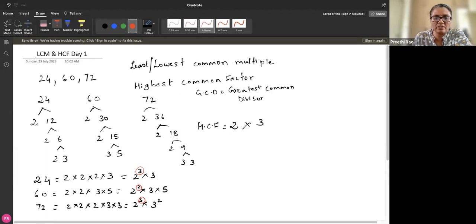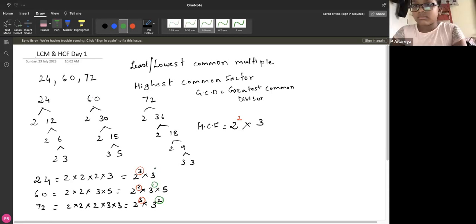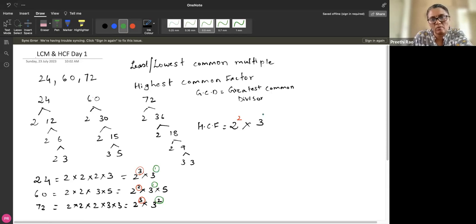For HCF, we'll choose the lowest exponent. So we'll choose 2 square. And for 3, I have 2 and this is 1, isn't it? So I'll choose the lowest exponent, 1. 2 square is 4. 4 into 3 is 12. So the HCF is 12.